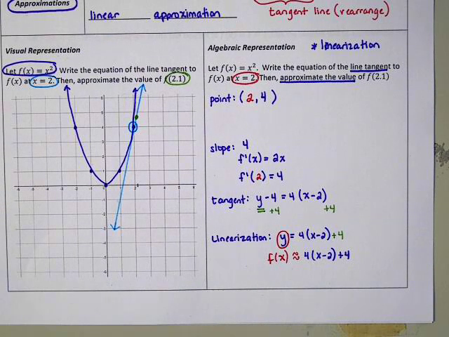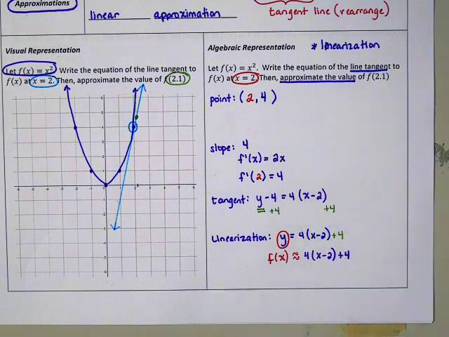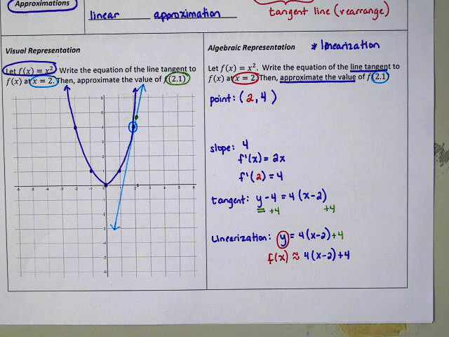Finally, if I want to know what's happening when we plug in 2.1, I'm going to take this 2.1 and plug it in for the x value in this new equation.